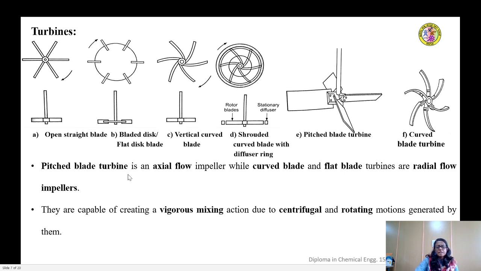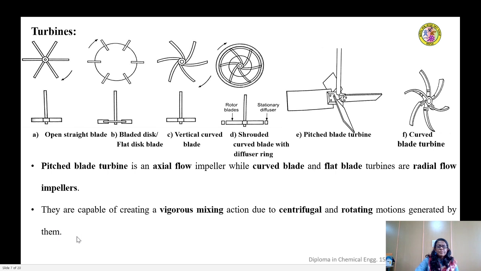Sorry, with the pitched bladed turbine, the currents produced will be parallel to the axis of the shaft. So it is called an axial flow impeller. While the curved blade, straight blade and bladed disc turbines create radial currents, that is, flow currents which are perpendicular to the axis of the shaft. Hence they are called radial flow impellers.